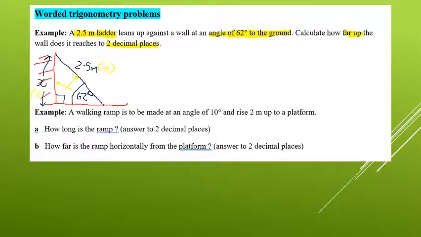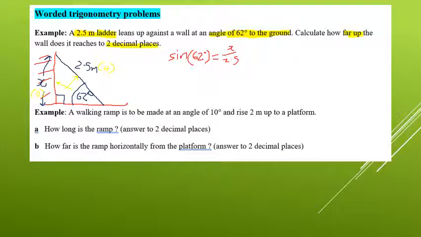So I look at my ratios, SOHCAHTOA, which one has O and H? Sine. So I think we're better off going back to the red. So we say sine of whatever the angle is, in this case it's 62 degrees, is equal to the opposite, which is x, over the hypotenuse, which is 2.5.